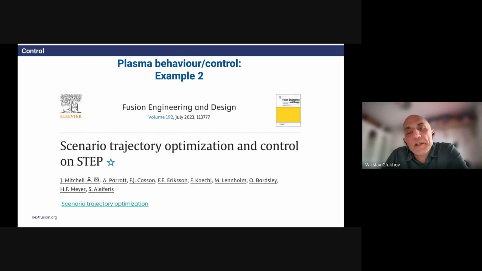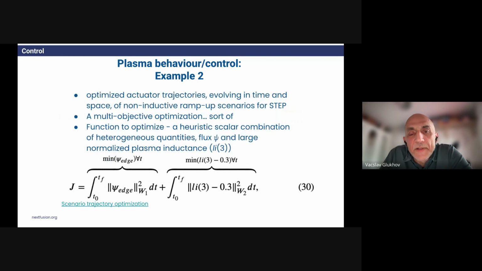Also examples, scenario trajectory optimization and control on STEP. Very interesting paper, there is a link in the presentation. They use scalarization, and as you can see, they minimize the time integral of the flux of a plasma and induction of a plasma. These are quantities that are measured in different units, even though they are normalized.